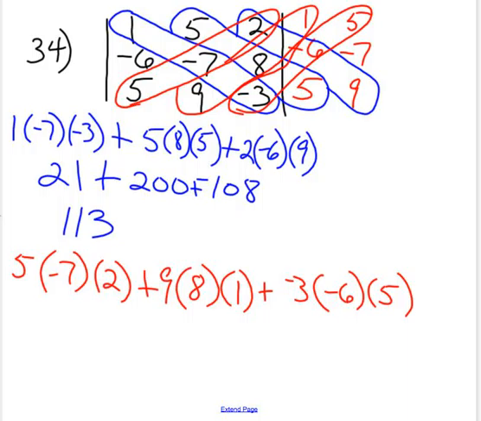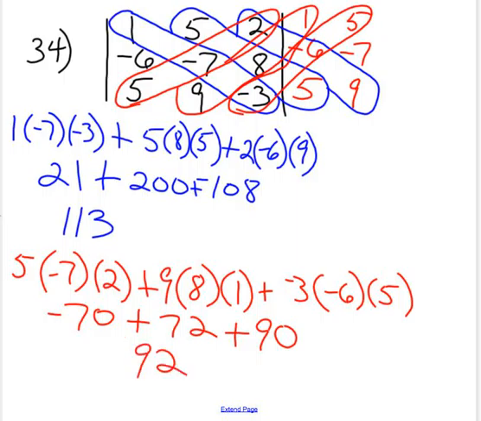I now have to go through and do all the multiplication and addition. I multiply my first set of numbers, that's a -70. Multiply my middle set of multiplication, 72. And the third, I have a product of 90. If I find the sum of those three upward diagonals, I get a total of 92.